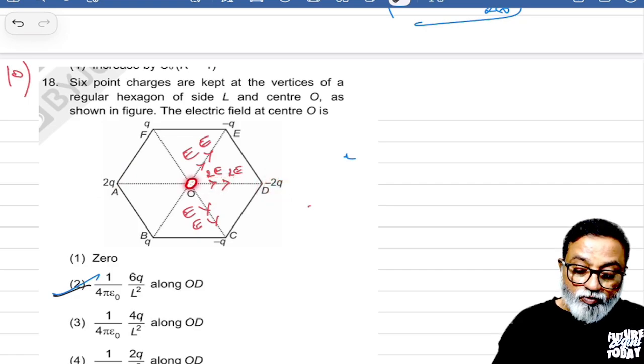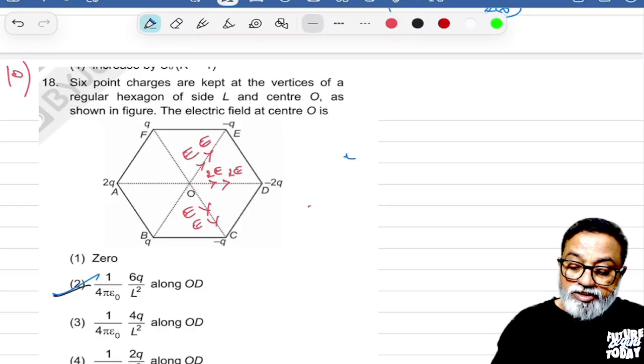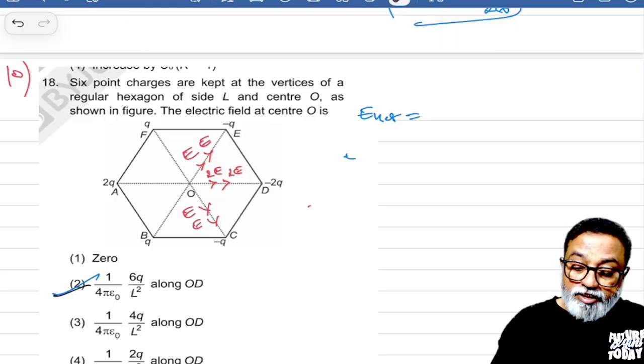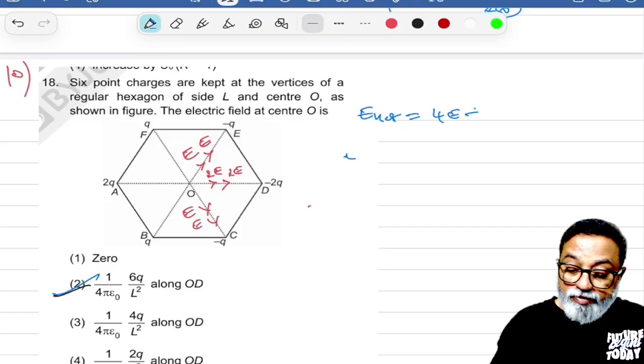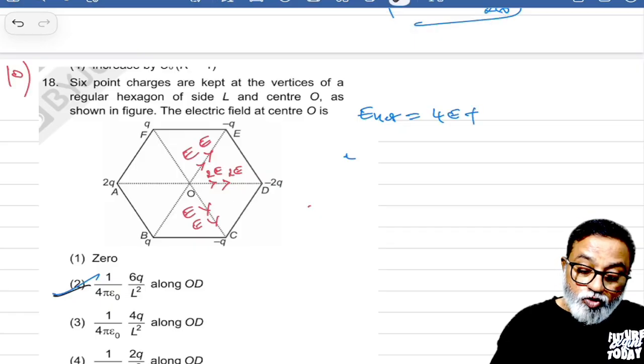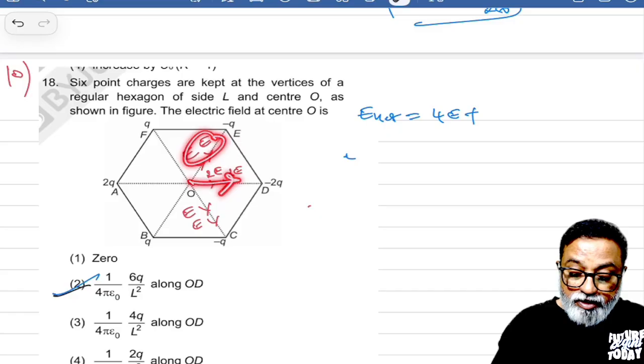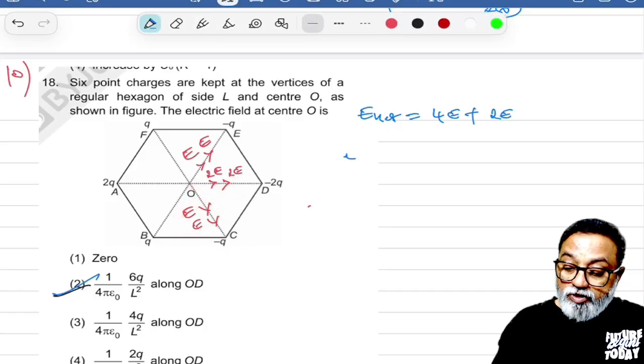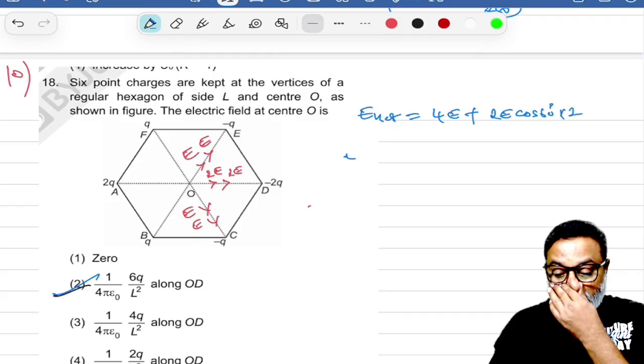Therefore at this point O, the net field is equal to, here 2E plus 2E, that is 4E, plus this is 2E. When you resolve in this direction, here angle 60, 2E cos 60, and this one also 2E cos 60. Therefore this becomes 2E cos 60 like that into 2.